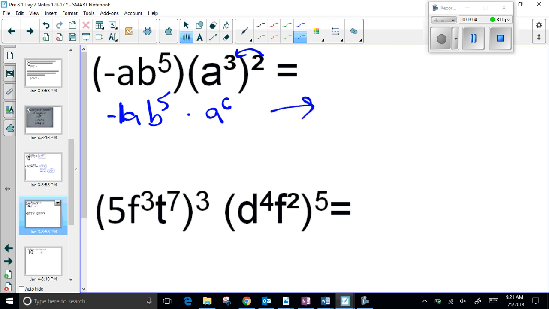So if I rewrite and reorganize everything, this is going to say negative 1 times a to the 6th times b to the 5th. And if we do it all that way, then we get a to the 7th here, b to the 5th here, and then we get a negative 1 that's sitting in front. So we just do it like that.